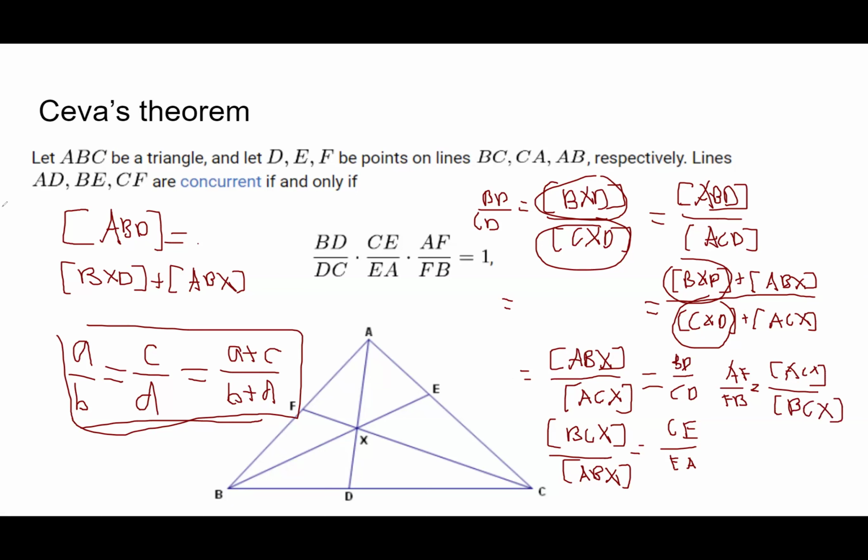So then when you multiply it all out, this thing multiplied out is the same as BCX over ABX times ACX over BCX. I'm just going to ignore the square brackets because it's very tiring to draw out.